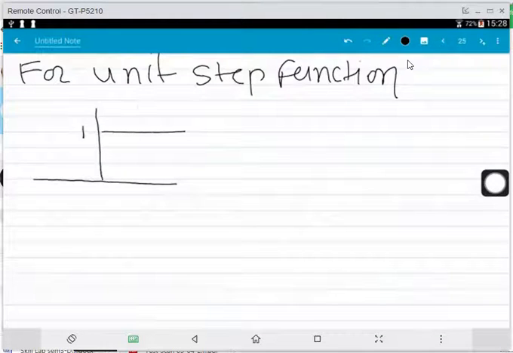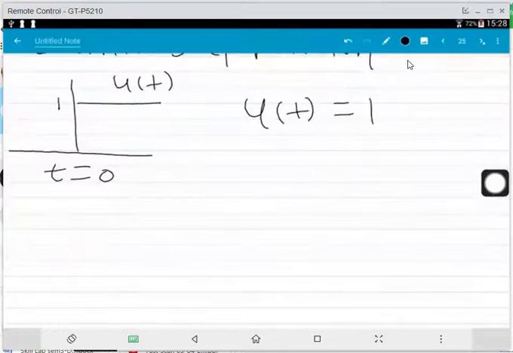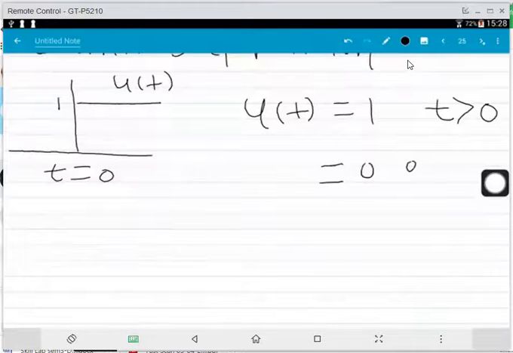It is equal to 1, u of t. This is t is equal to 0. So what is the unit step function? U of t is equal to 1 when t is greater than 0 and it is equal to 0 otherwise.